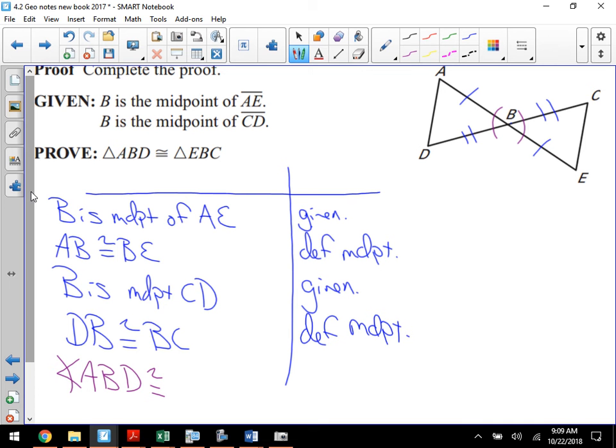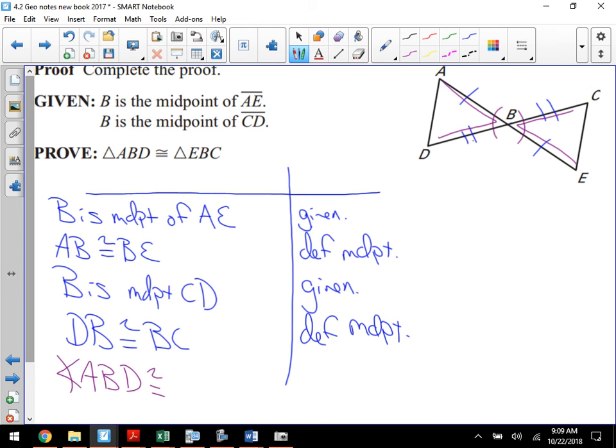If I say angle ABD, what has to match on the other one? ABC. I went 1 to 2, so I have to go 1 to 2 that way. I have to do the lettering the same way.